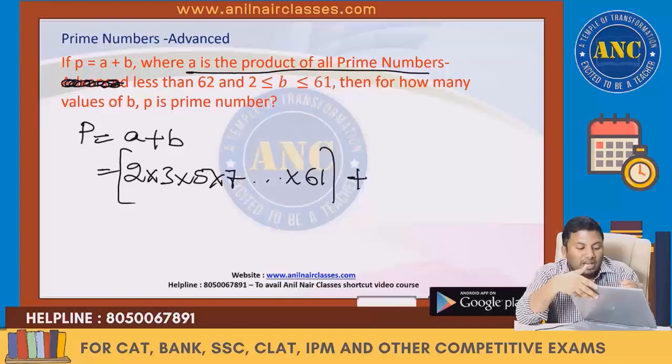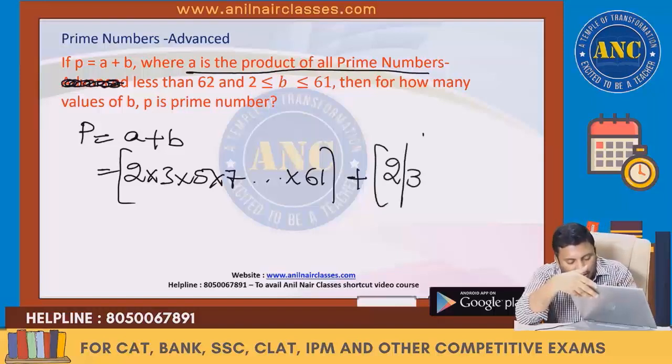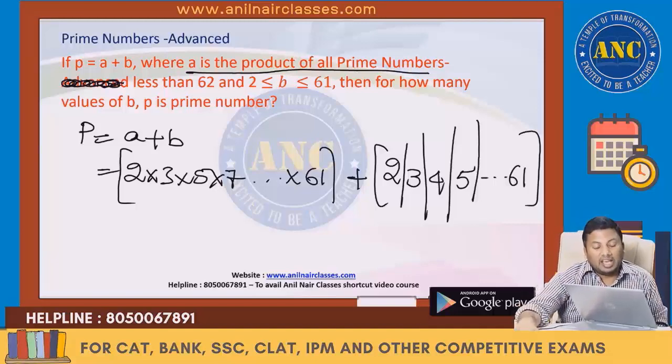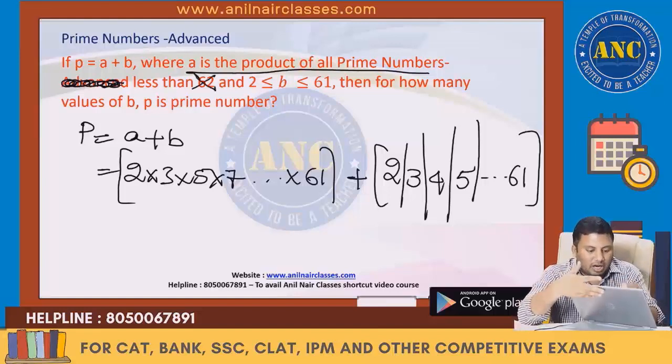Plus, B lies between 2 and 61: 2 is less than or equal to B less than or equal to 61. It can be 2, 3, 4, 5, and so on up to 61. P is A plus B. A is 2 into 3 into 5 into 7 till 61, because 62 is a composite number.